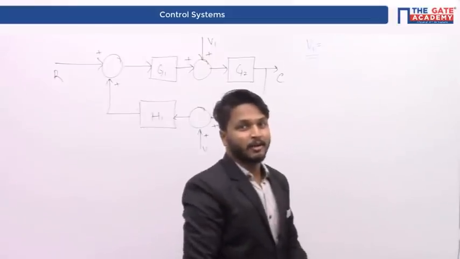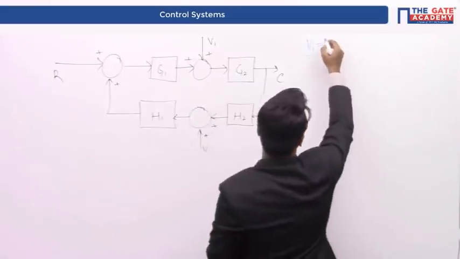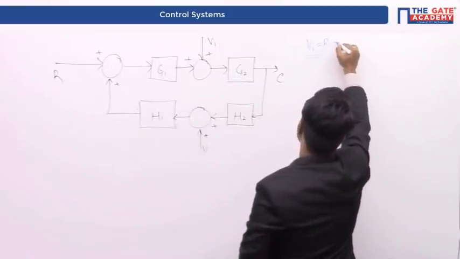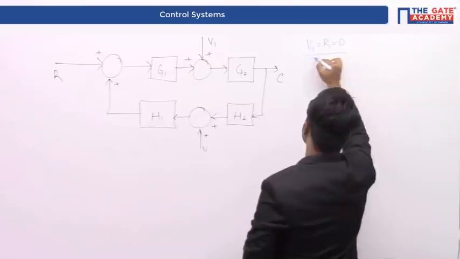Now, in this case, V2 will be equal to 0 as well as R will be equal to 0.